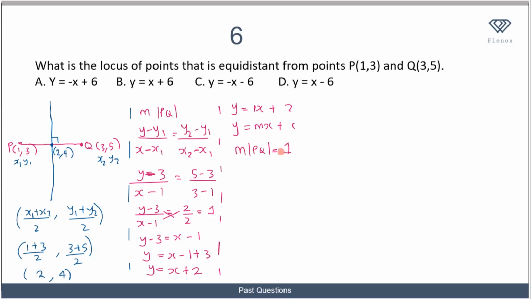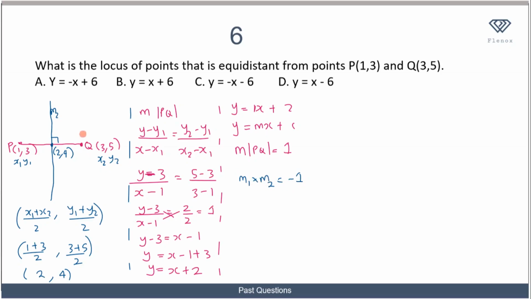But now I know that the locus of the points that I'm looking for is perpendicular to that line, and let me call the slope of the locus, the line that I'm looking for, M2. I know that if two lines are perpendicular, the product of their slopes must be equal to minus 1. So M1 times M2 must be equal to minus 1.